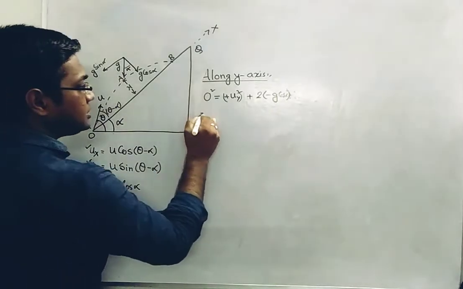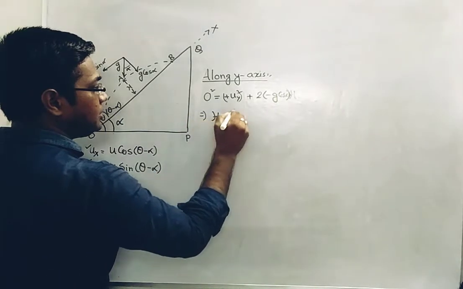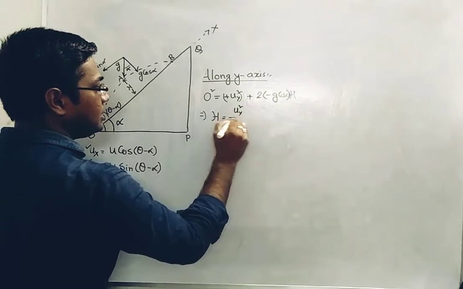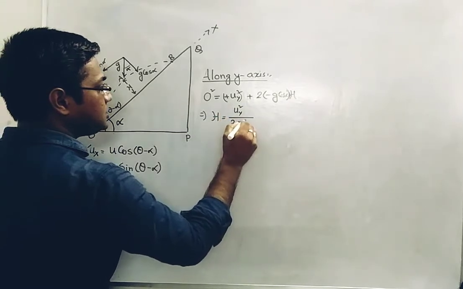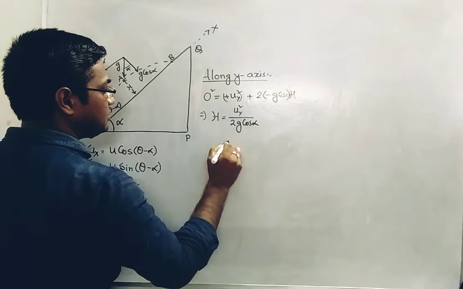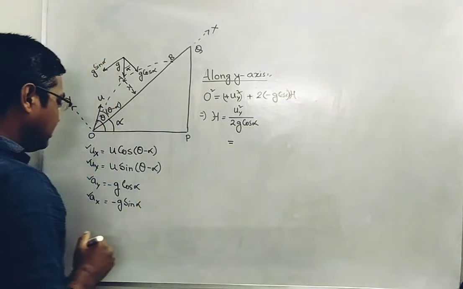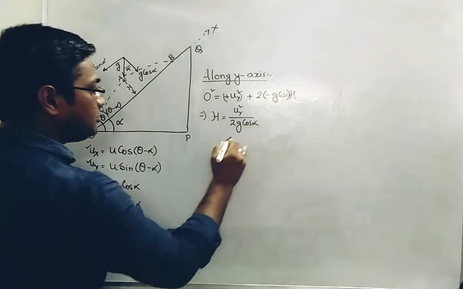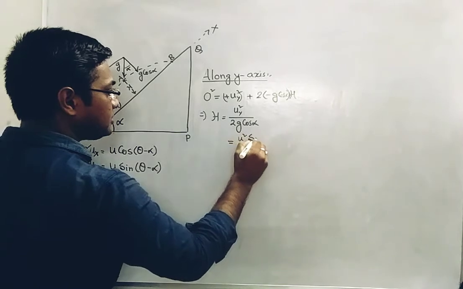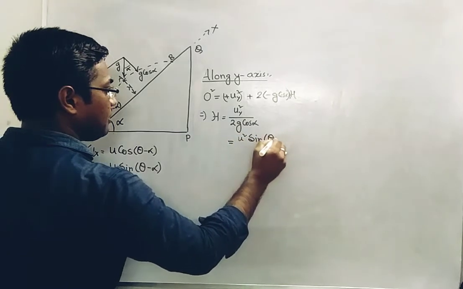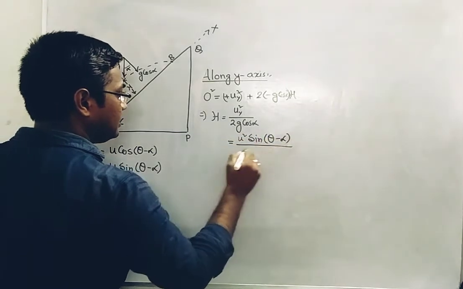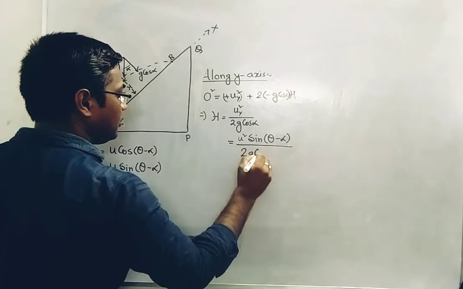So from here, H equals uy squared divided by 2g cos alpha. So uy means u squared sin squared(theta minus alpha) divided by 2g cos alpha.